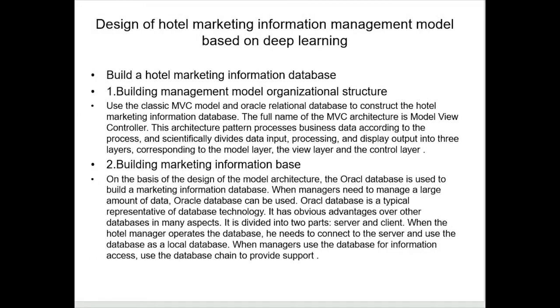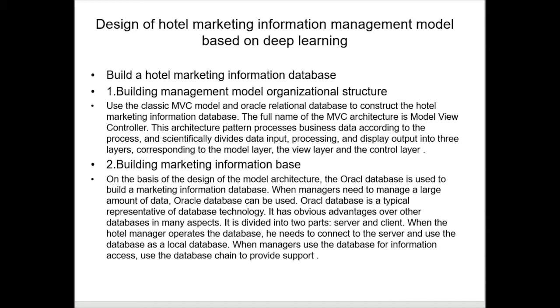Part 3. Design of hotel marketing information management model based on deep learning. The first step is to build a hotel marketing information database. Firstly, we need to build a management model organizational structure. Use the classic MVC model and Oracle relational database to construct the hotel marketing information database.